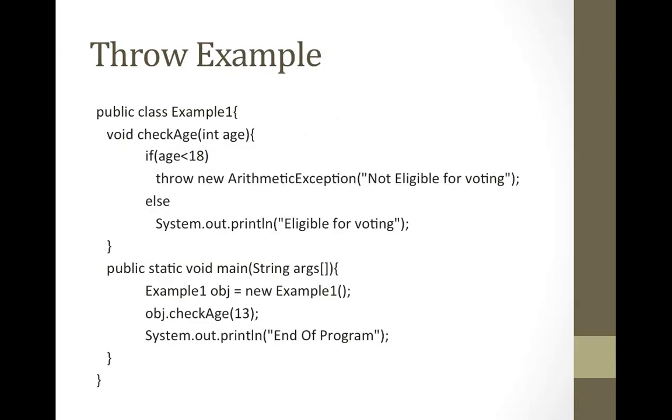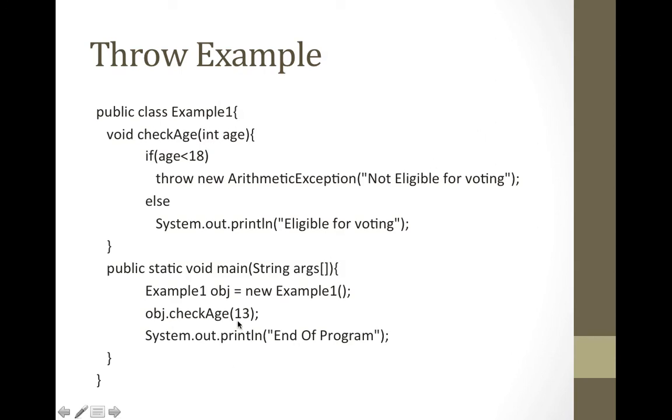Let me just skip through to a program. Yeah, so we've got an example class here, and in the main function we create the object of the class. We call its function called checkAge. If you could just go through this program, you'll know what it's doing. If somebody is underage, I want them to know that they're not eligible for voting or for visiting this site or for doing anything with this program.